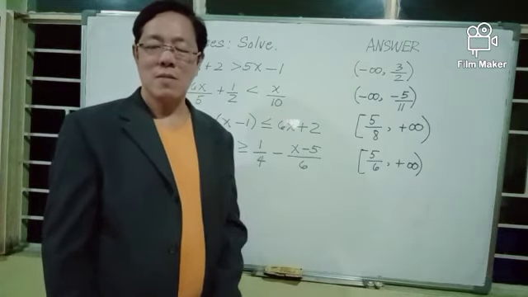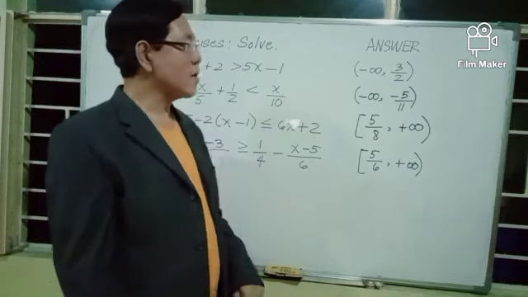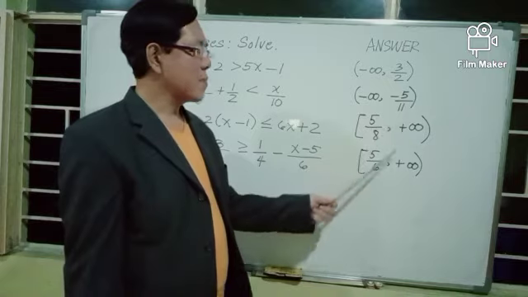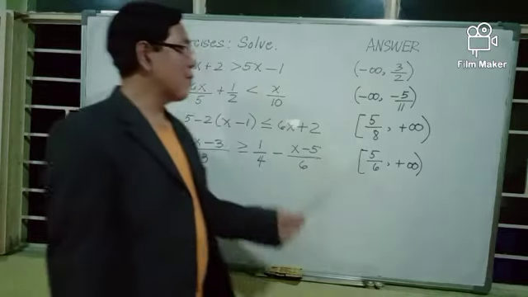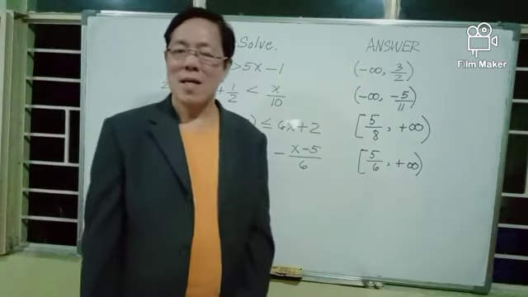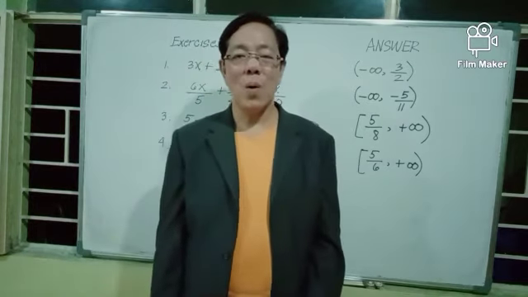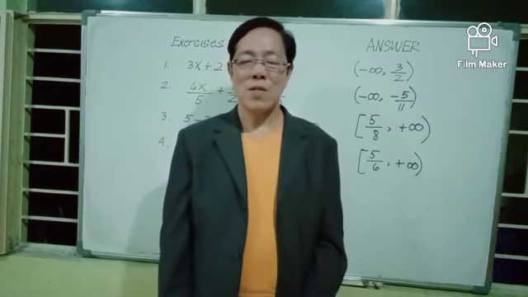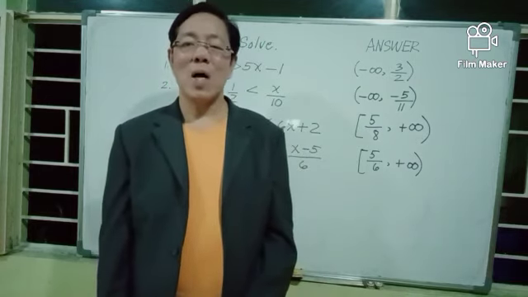You also check your solutions by taking any real number in these intervals and substituting that real number in the given inequality. And that completes our lesson for today, and we will have more examples for solving linear inequalities in one variable.